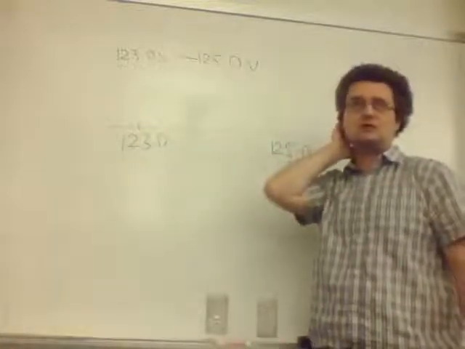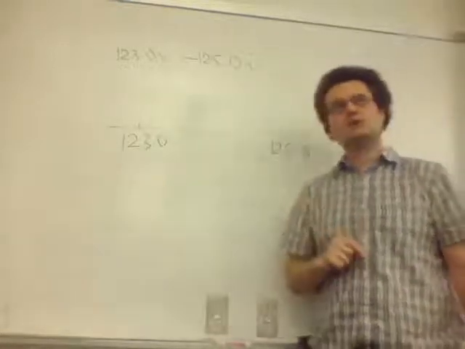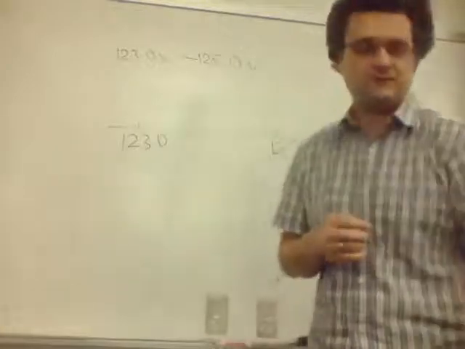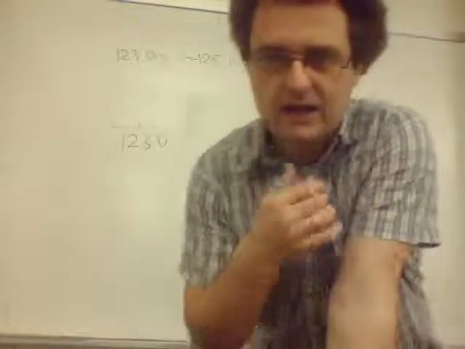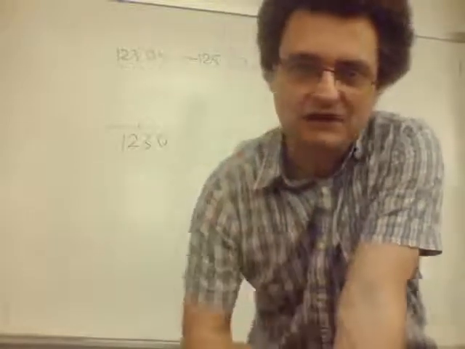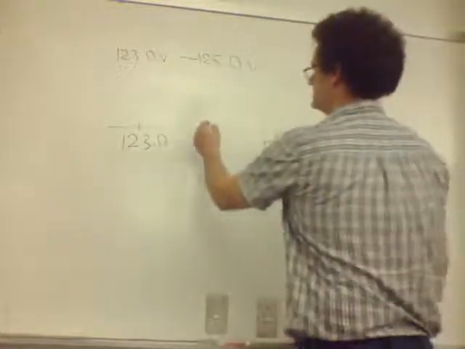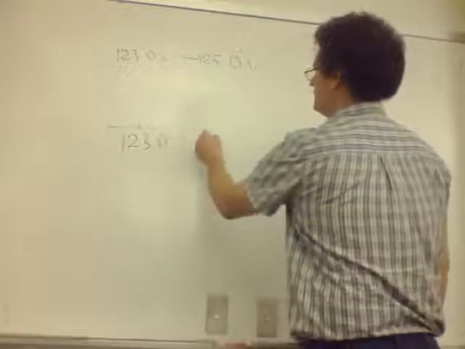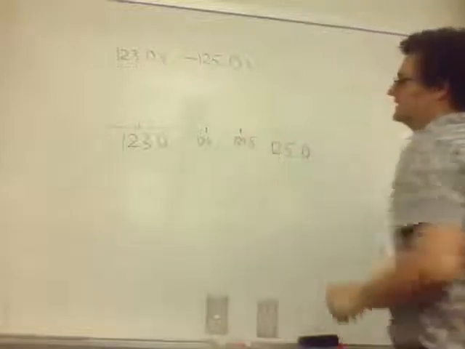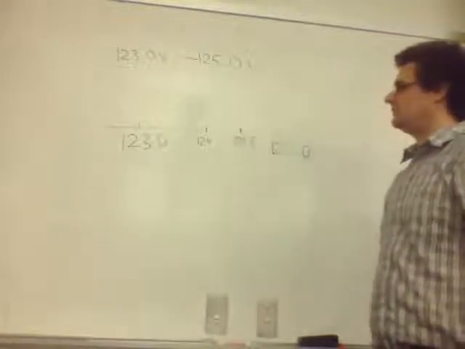And the question is, what is the probability that the voltage you measure in that moment has a level greater than 124.5? So here is 124, and here is 124.5. So what's the probability that the voltage is above 124.5?